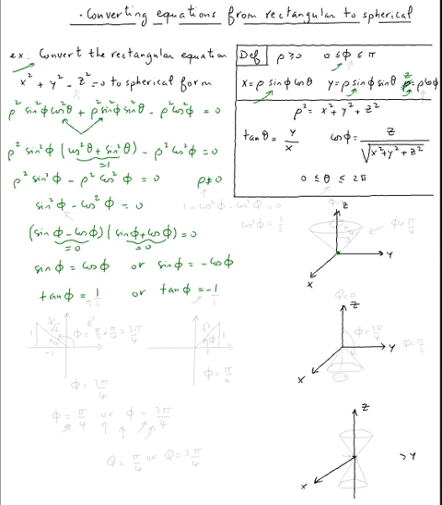So let's use some tricks here. Tangent positive means first quadrant.